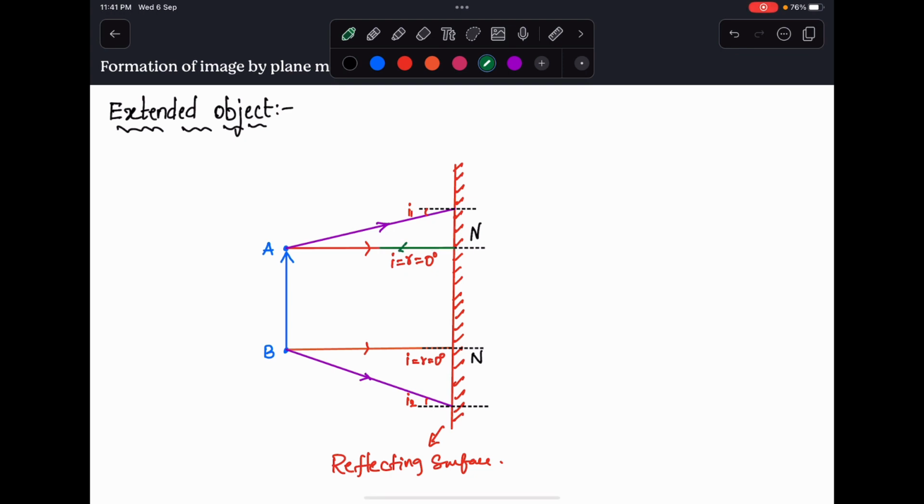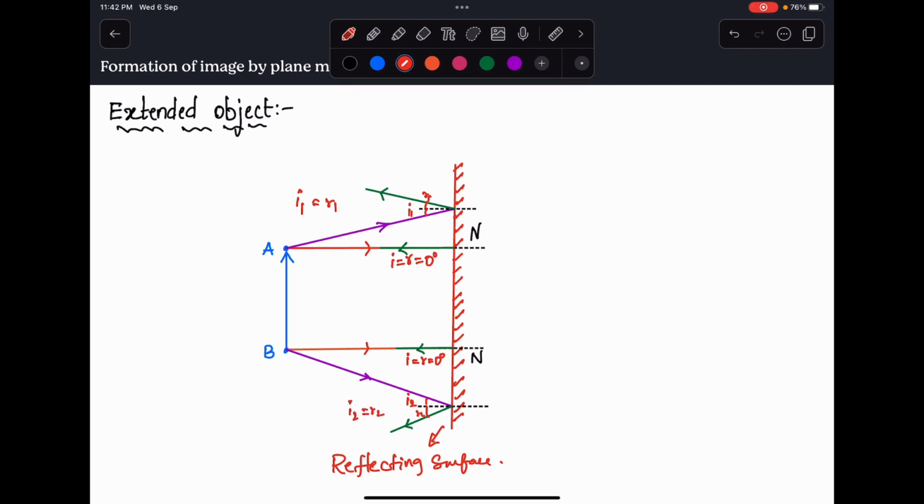This is one of your reflected rays. For the second reflected ray, I'm just taking an approximate value, and say this is your angle of reflection R1. Again I1 will be equal to R1. Similarly here one more reflected ray, and this is going to be R2, and I2 is equal to R2.